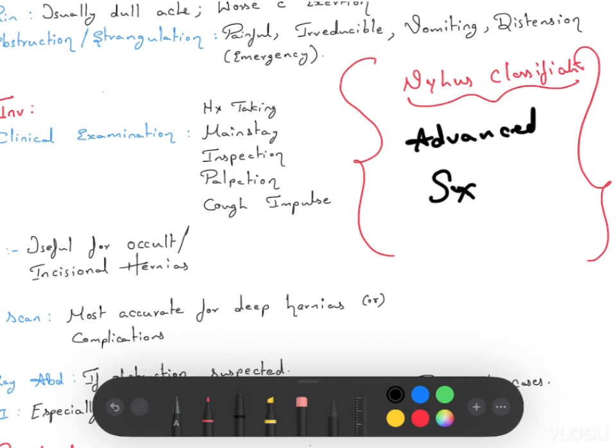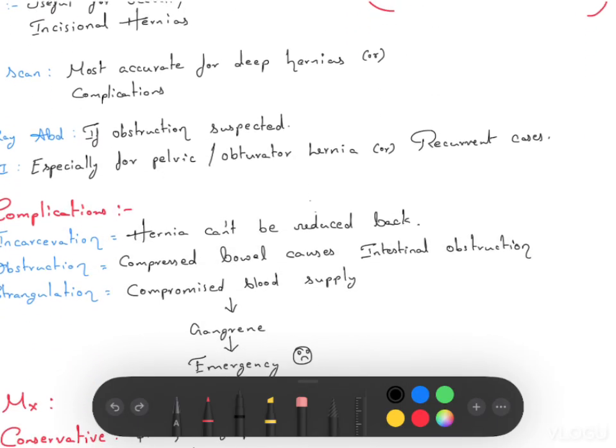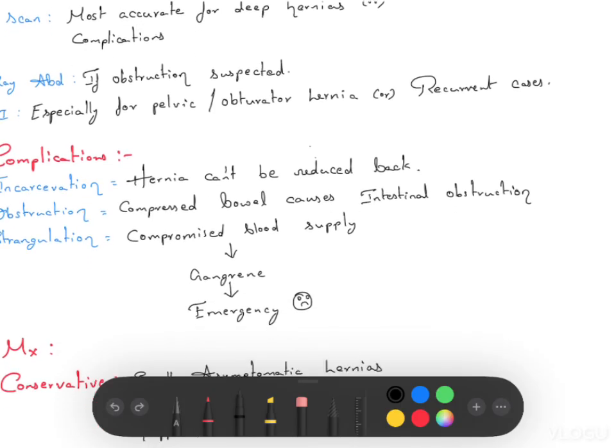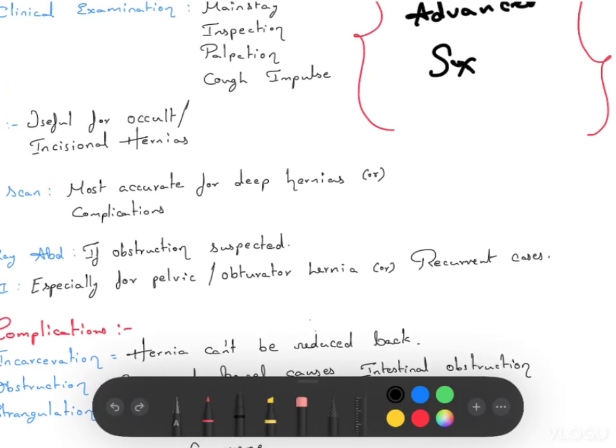Now management. In management, all symptomatic hernias should be repaired unless contraindicated. Why? Because every hernia carries a risk of incarceration, obstruction and strangulation, bowel ischemia and death. So that's why we have to do proper management for hernia.